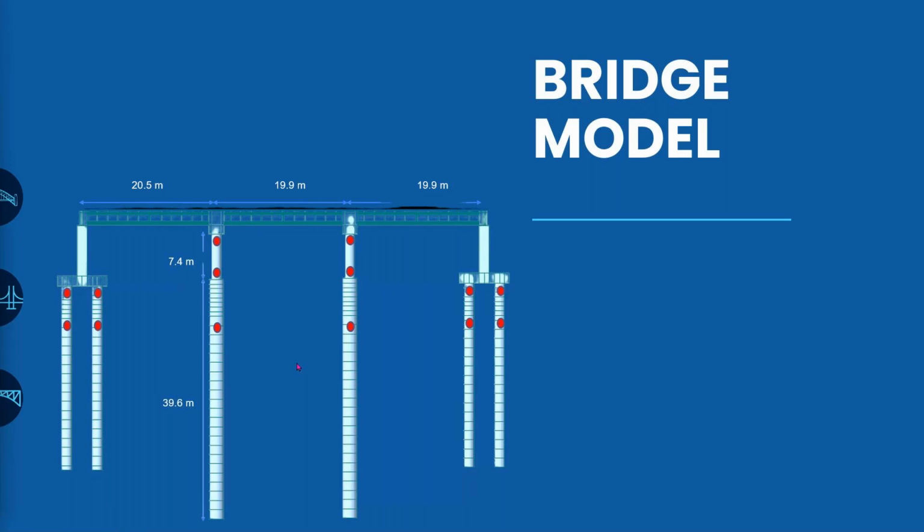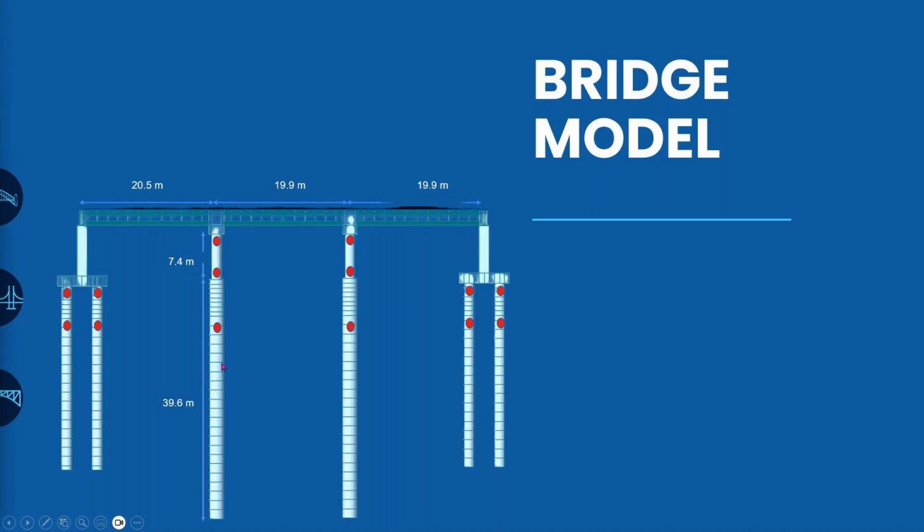As an engineer, what we want is the plastic hinge to form at a location wherein the inspection and the repair work can be done very easily. So the anticipated plastic hinge location is nothing but within the columns, wherein we can do the repairs easily.